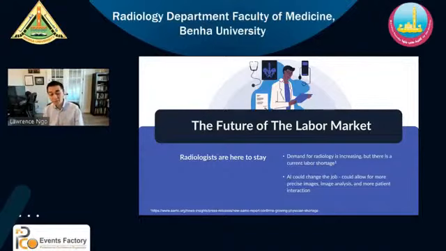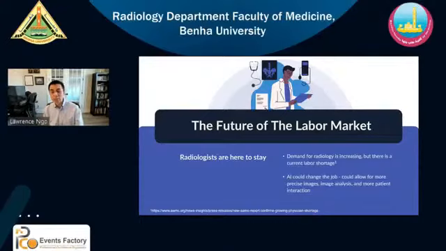The demand for radiology continues to increase quite steeply, especially in the United States. I'm not sure about the rest of the world, but there's quite a labor shortage, and unlike in other industries, it's very difficult to deal with this labor shortage because it takes many, many years to train radiologists.